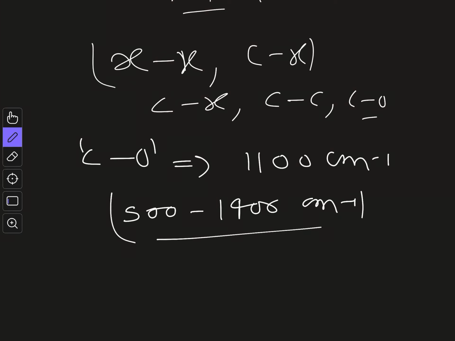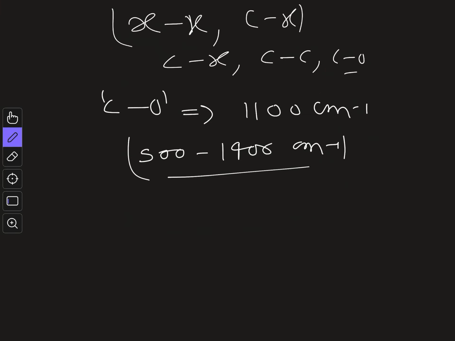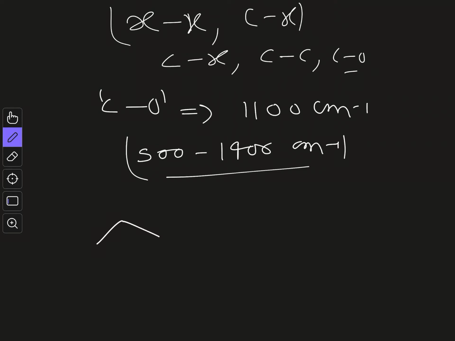This region is not that helpful because there are a lot of stretching frequency values in this region, and also the bending values come, which is also called deformation, that is this type of movement of the molecule, and out of the plane, all this movement. So it is like you are bending a rod.